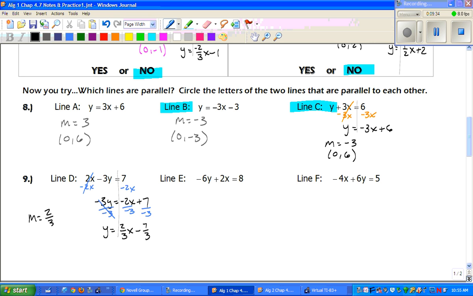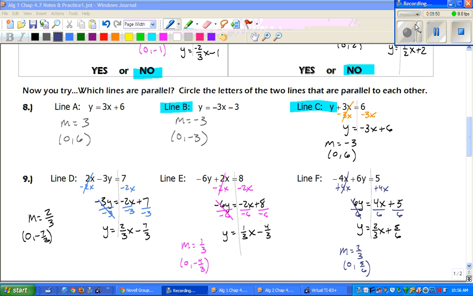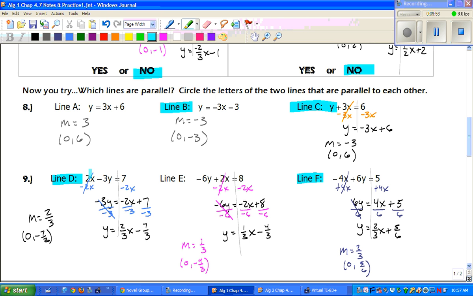So our slope is 2/3, and that's the y-intercept. Go ahead and pause the video, do E and F, and see if you can match up which ones are parallel. All right, so which ones have the same slope and different y-intercepts? Those end up being line F and line D.